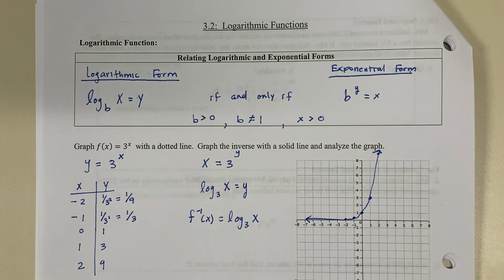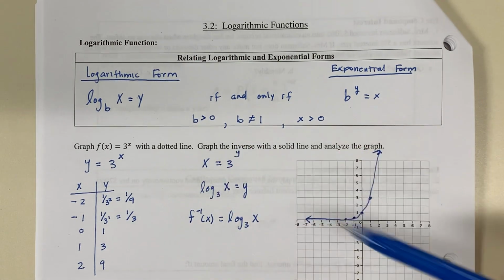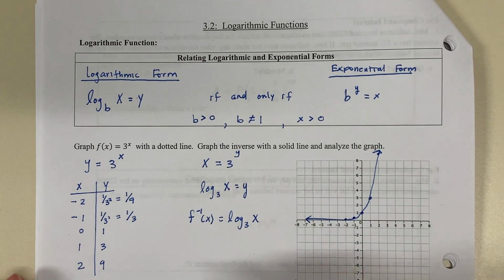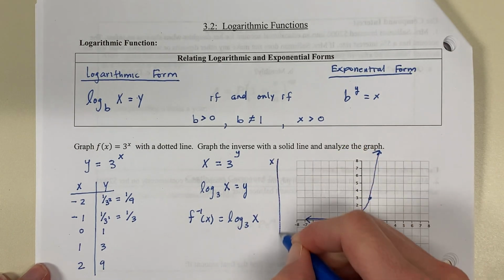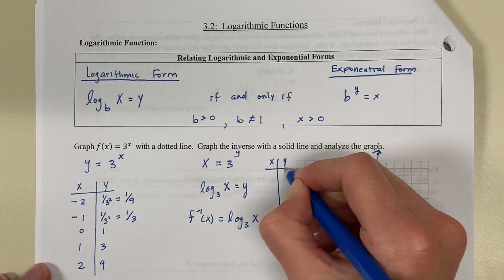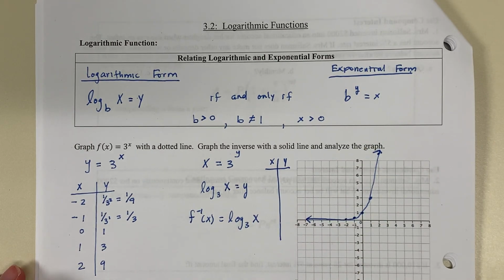We have solved for y. Now, when we actually graph this, to me, it's easier to use exponential form, which is x equals 3 to the y power. So when I make my table of values, it's going to be easier to choose values for y and get x values in return.